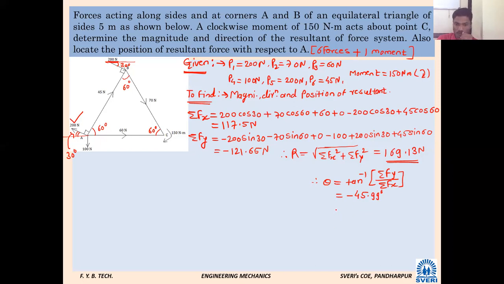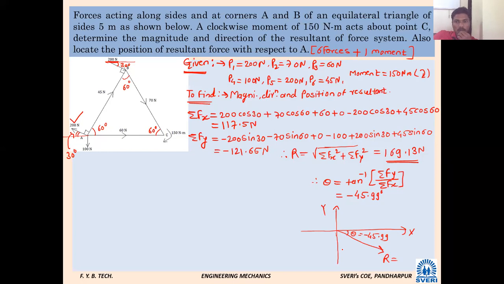So in which quadrant will it come? This angle is coming negative, so what do we have to do? Fourth quadrant. So here R is equal to whatever, theta is equal to minus 45.99.